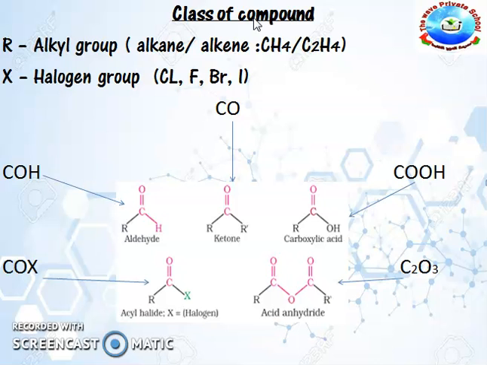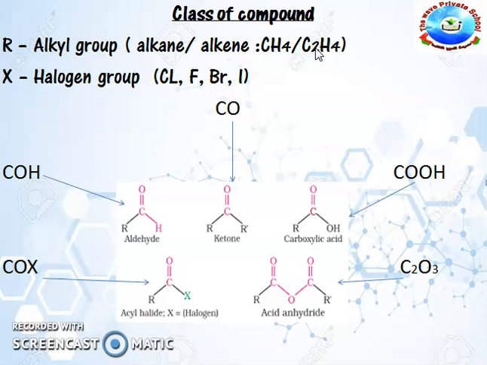Now see students, in every chemical reaction, whenever you see R, it indicates an alkyl group. What is an alkyl group? It can be derived from an alkane or alkene. We have revised this in all topics. Wherever there is a reaction, they use methane or ethane or butane, propane, etc., types of alkane or alkene, to represent any reaction.